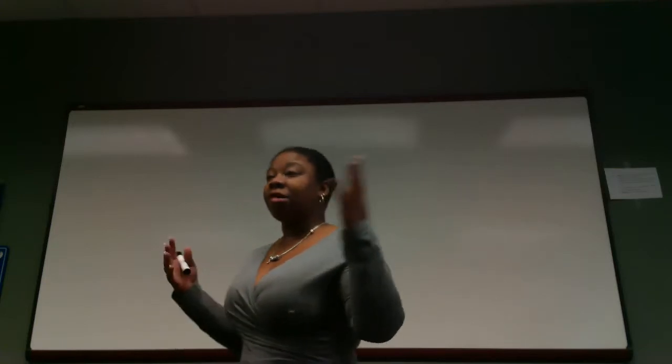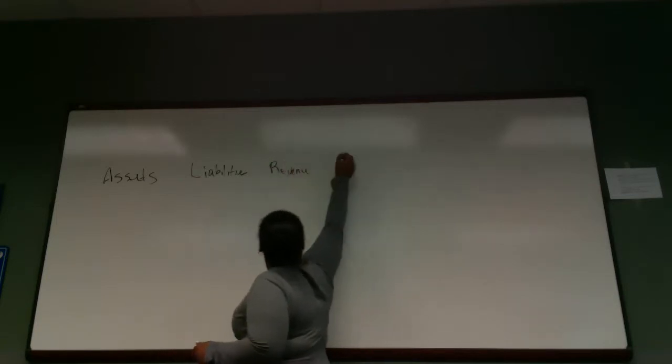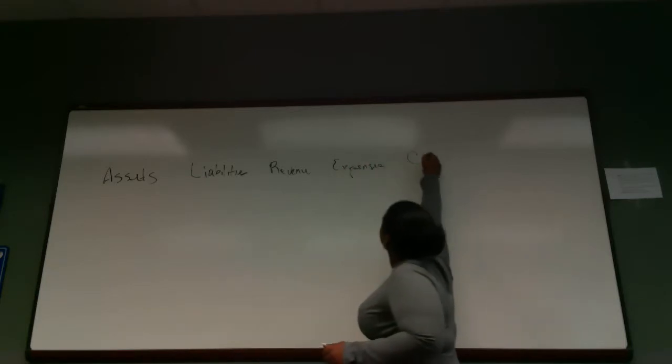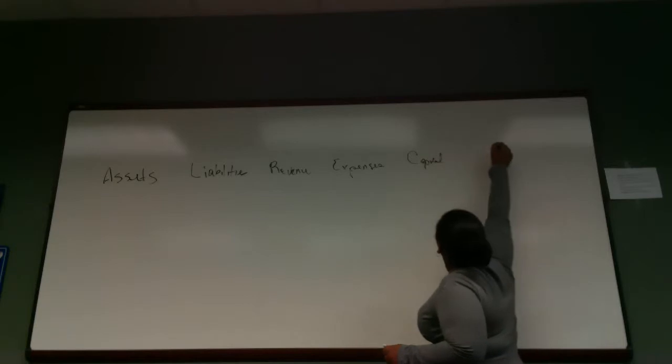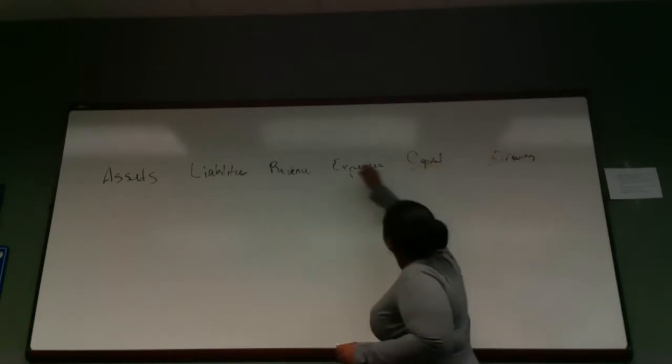So the basic 6 naming conventions were assets, liabilities, revenue, expenses, capital, and drawing.